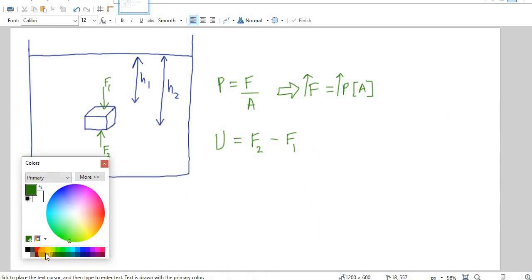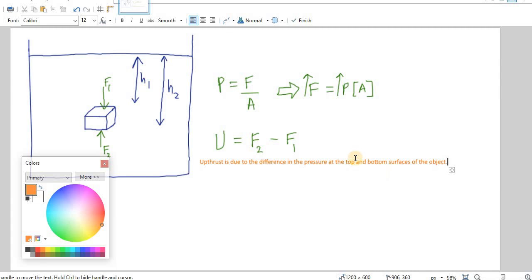In the exam, if they ask you, the upthrust is due to the difference in the pressure at the top and bottom surfaces of the object.